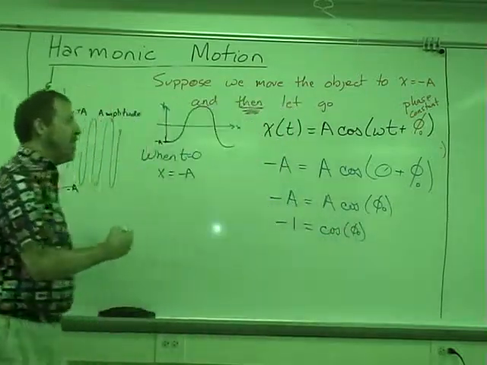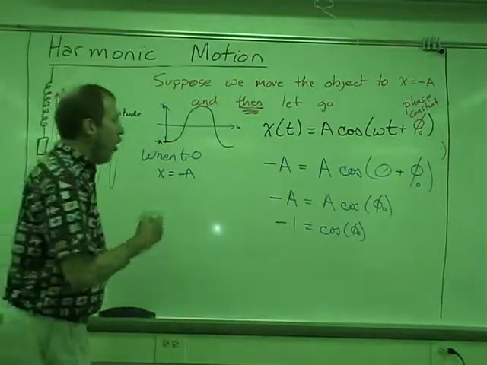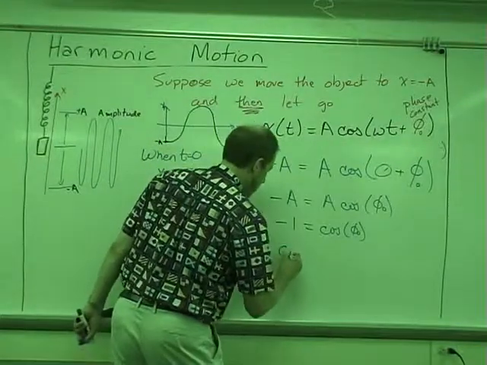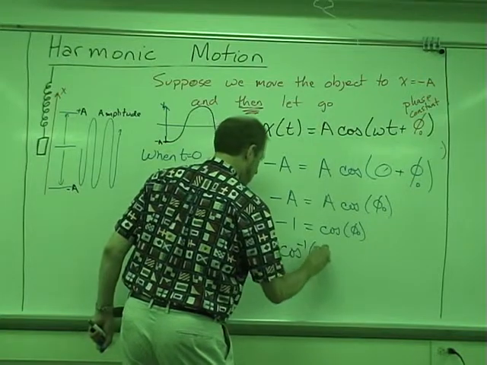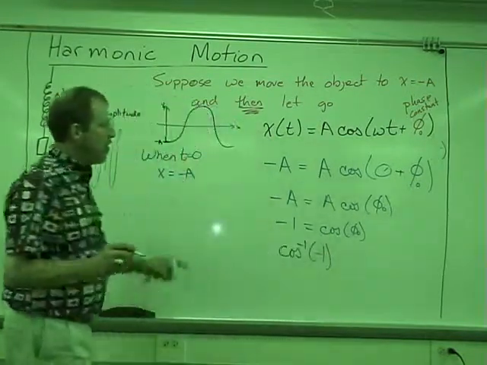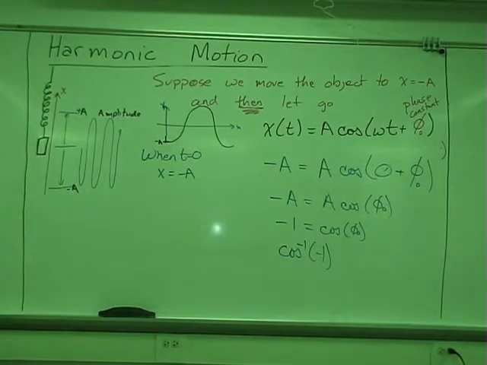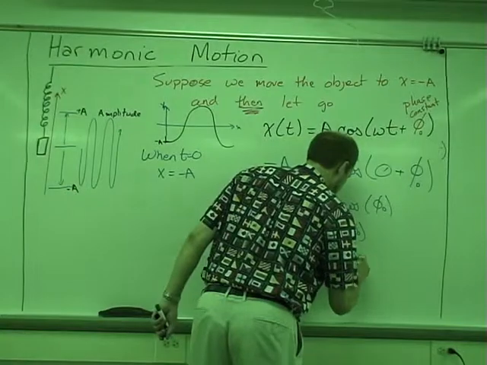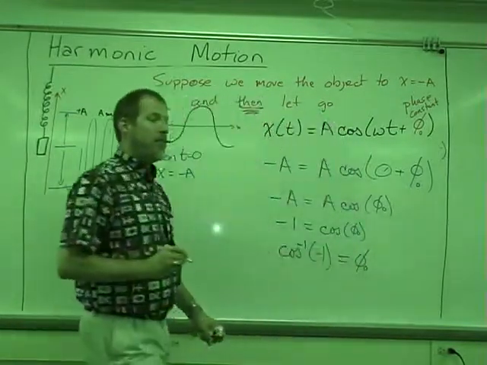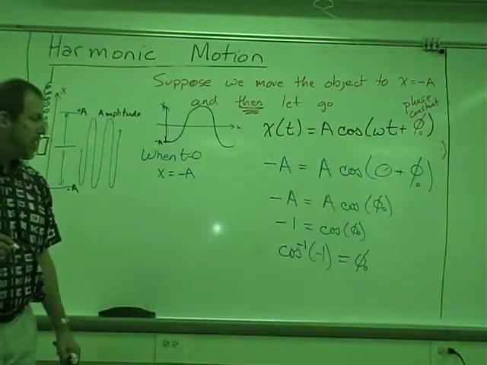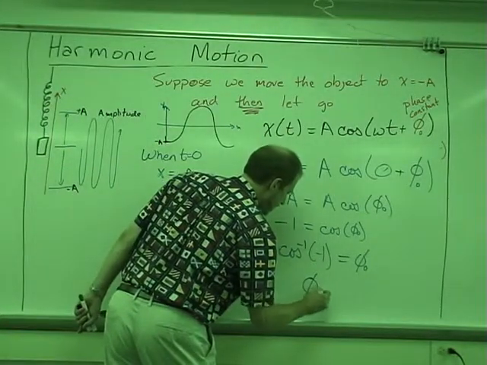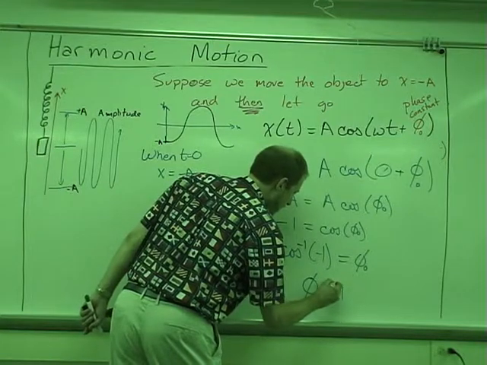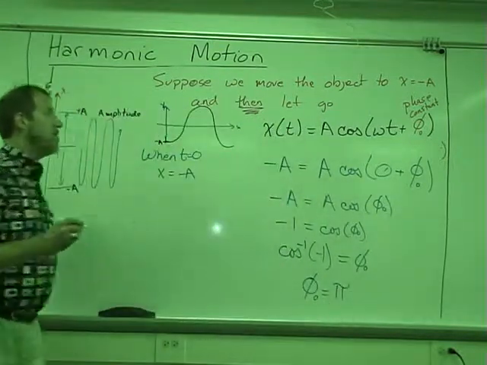The cosine of the phase constant is negative 1, or the arc cosine, or the inverse cosine of negative 1, is equal to the phase constant. In this case, the phase constant turns out to be pi.